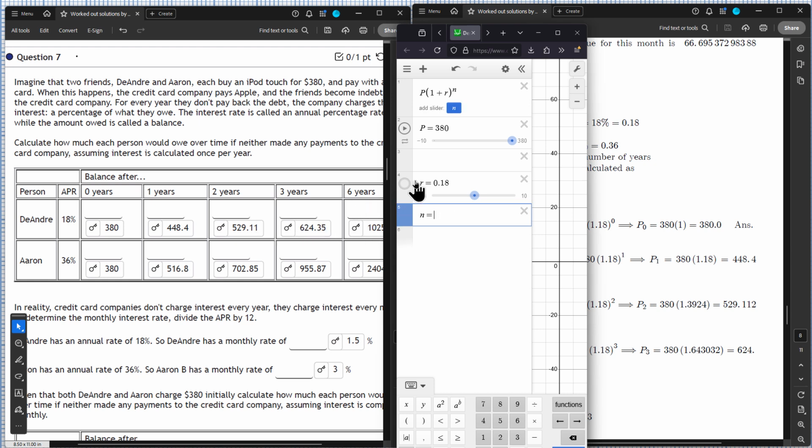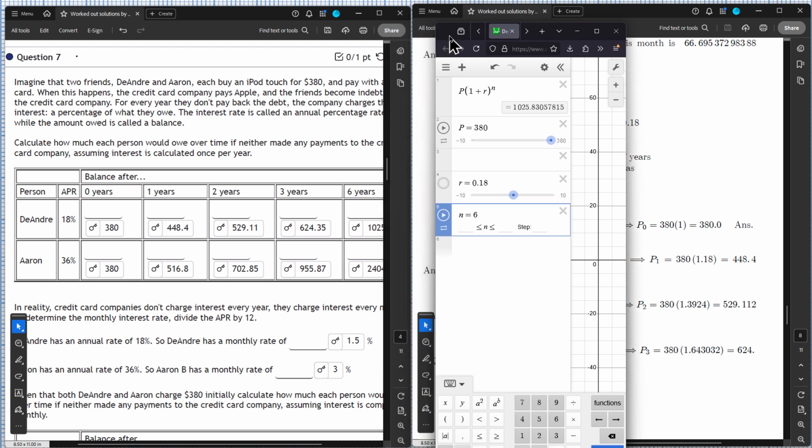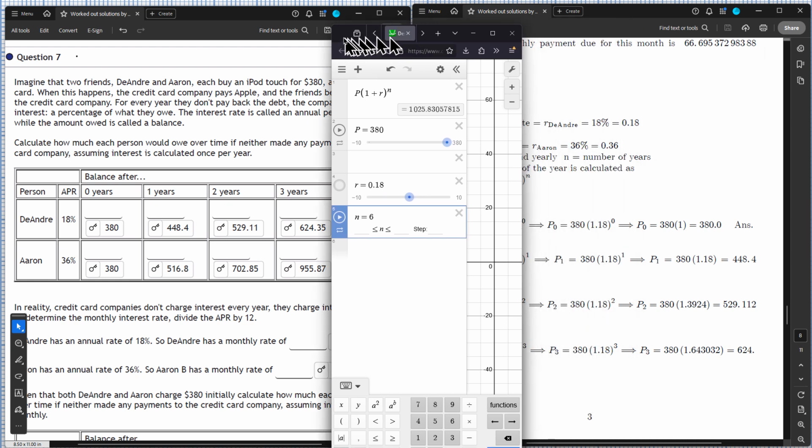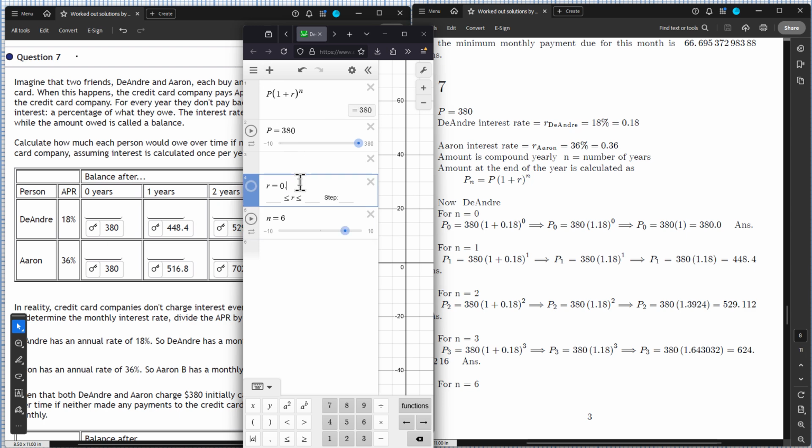When n is 3, I have 624. And when n is 6, I have 1025. Then they do the same thing for Aaron, and his rate is 0.36.